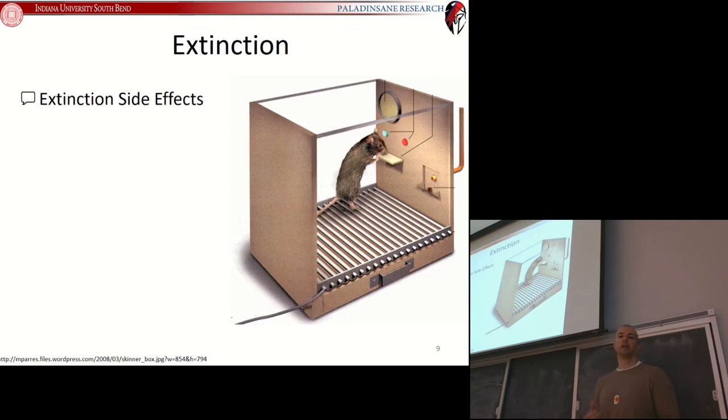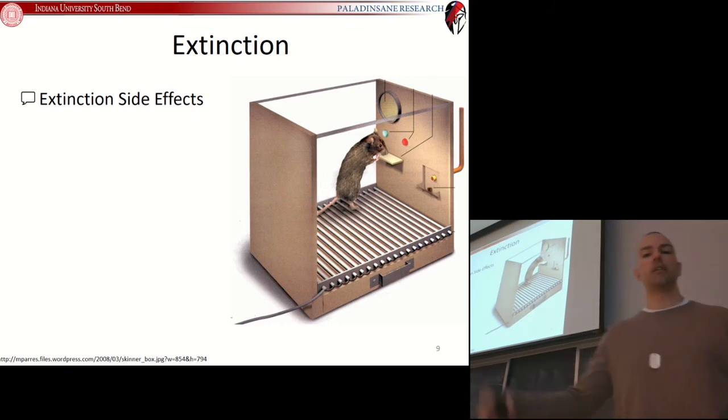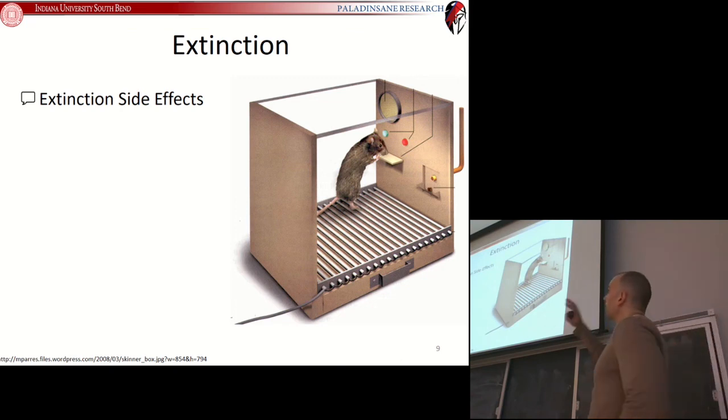So it's very important to be aware of these side effects because to the average individual, these side effects make it seem as if the extinction is not working, as if the treatment is a failure. However, to a psychologist, these extinction side effects do the exact opposite. They let you know that you are well on your way to achieving extinction of that target response. So what are some of these extinction side effects?